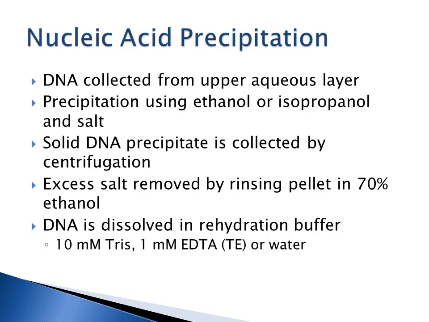So you added salt to precipitate that DNA. You want to remove some of that salt because it can affect other protocols such as PCR and things like that. So you remove the salt by rinsing the pellet in 70% ethanol. You let that pellet air dry, and then you dissolve your DNA in a buffer.